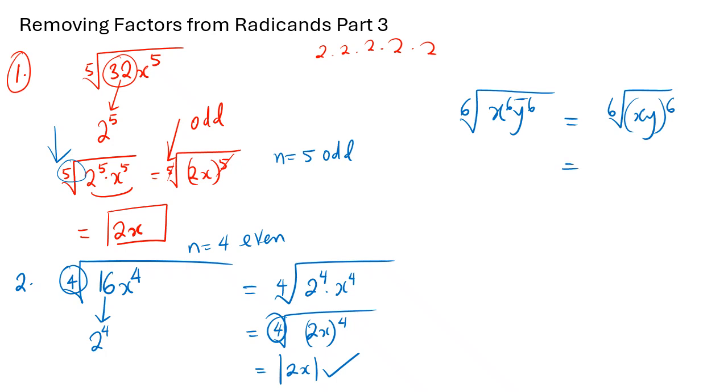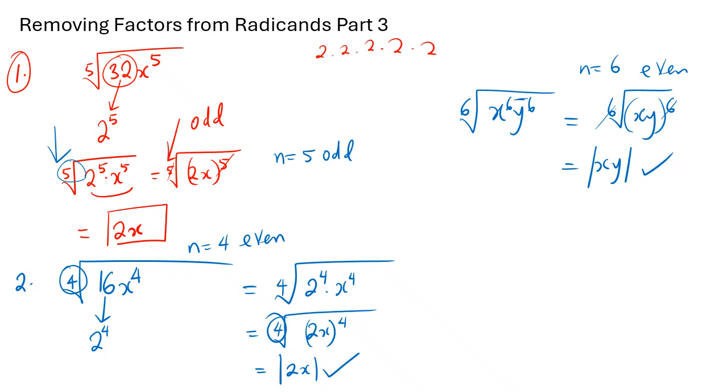Finally, they will cancel out, because remember that this 6 will divide the exponent. So you get xy, but because n is 6, and it is even, the final answer will be the absolute value of xy. Done. But if n is odd, then we won't have an absolute value result, okay? So this is what we're learning here.